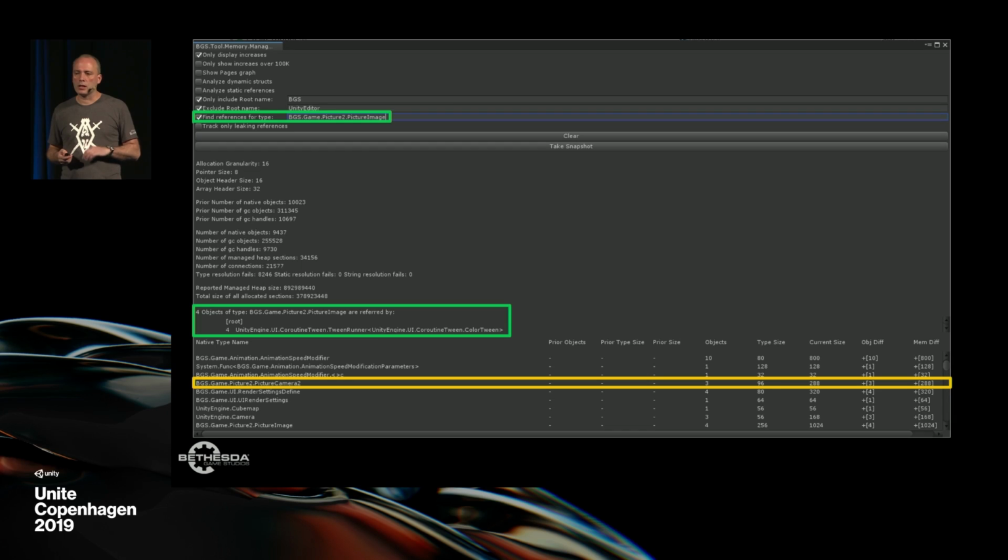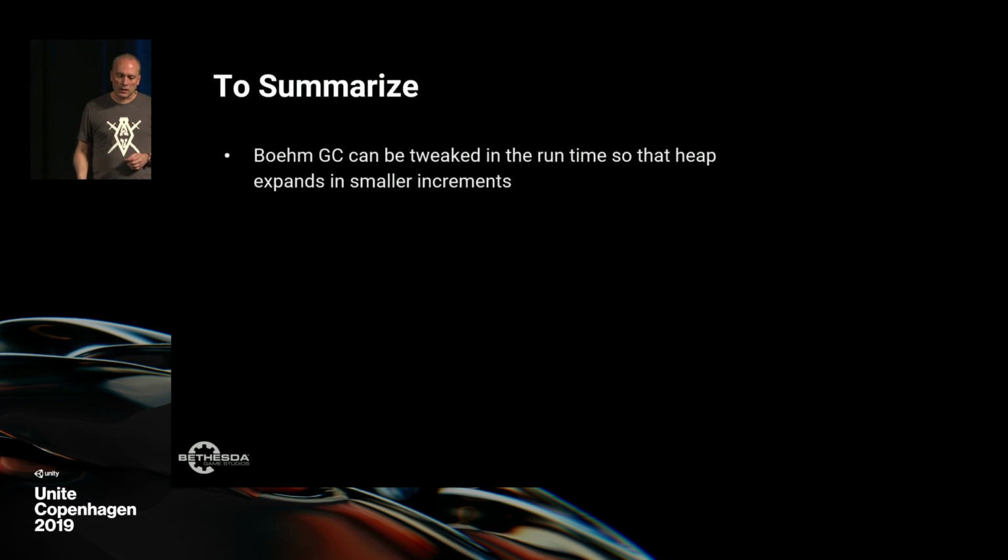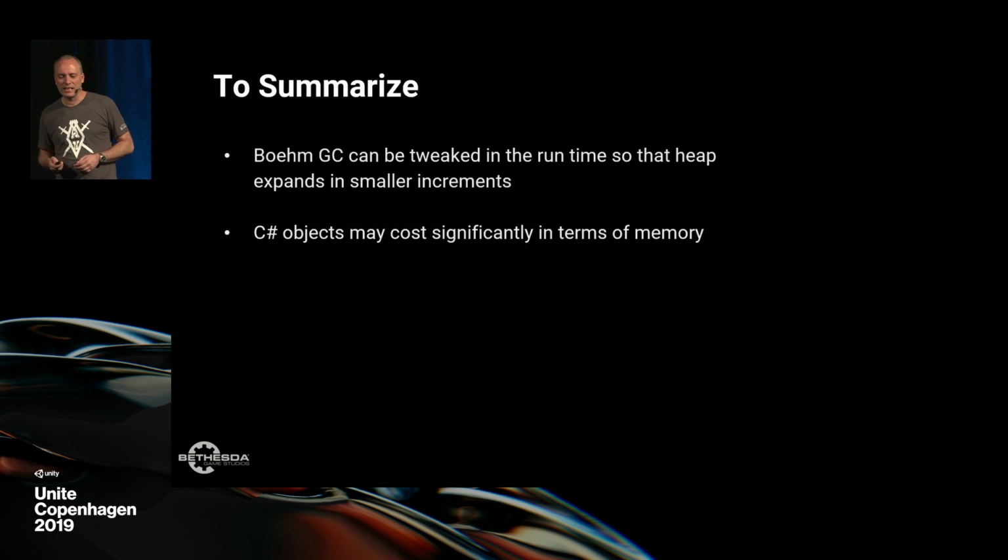It's not documented super well, but the actual code for the memory profiler is in C#, so you can use that as documentation also. To summarize quickly, garbage collection can be tweaked a little bit by externing some of the globals and modifying them. It is a bit hacky, so it comes with the usual warnings.